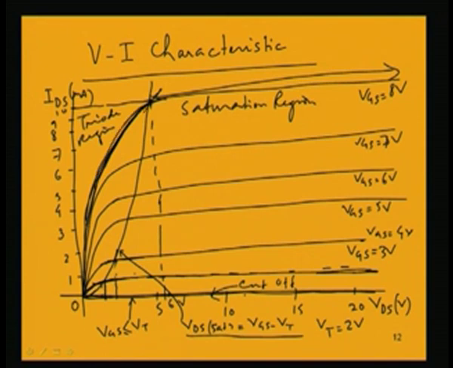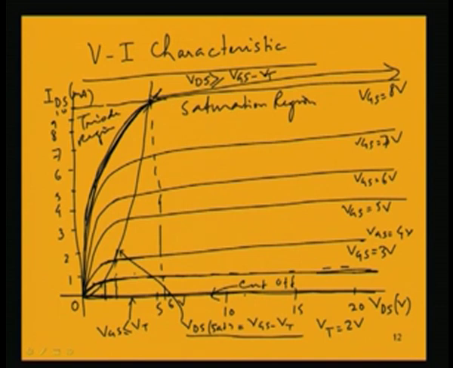So, now in this region of saturation we have the drain to source voltage greater than VGS minus VT. When these are equal, VDS equal to VGS minus V threshold, then we get saturation, and beyond this point saturation continues.